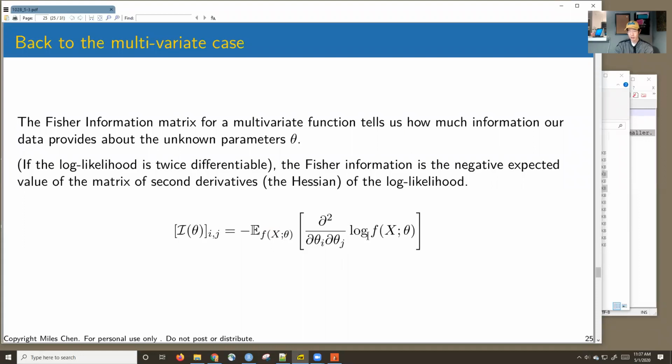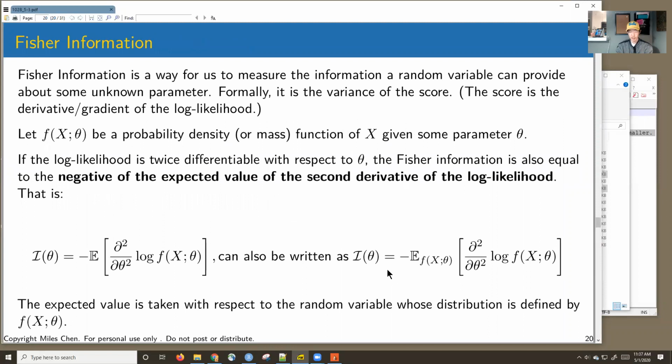The derivatives are taken with respect to the unknown parameter theta. So it's important that we keep track of which variables we're working with respect to.